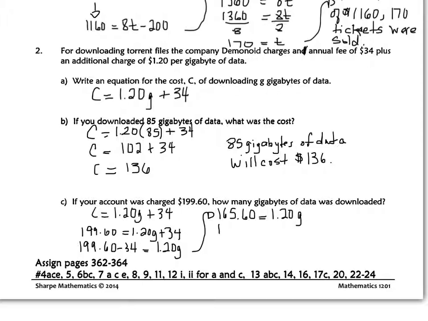And then you want to get the G by itself, so you've got to divide both sides by 1.20.